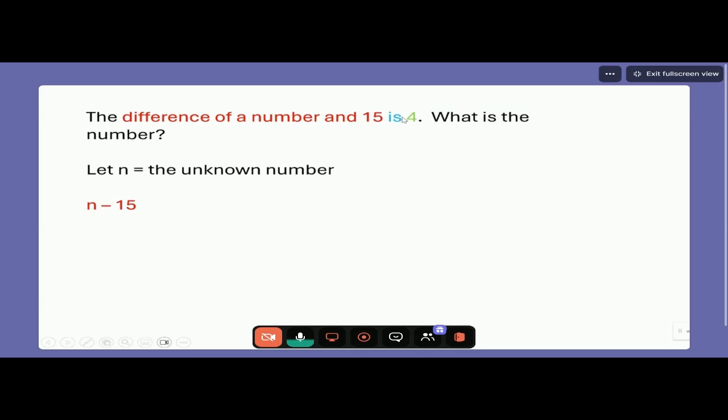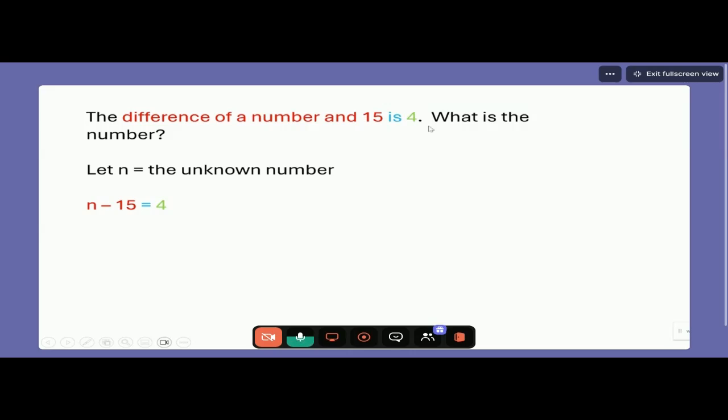Then we have our is, which we know equates to an equal sign. And on the right side of that equal sign is simply the number 4. So it's not 15 minus 4, as you are tempted to possibly think when you first look at it. It is n minus 15, the difference of a number and 15, equals 4.